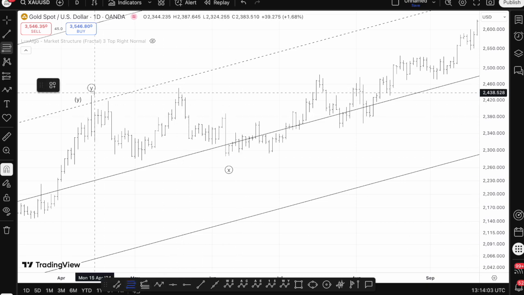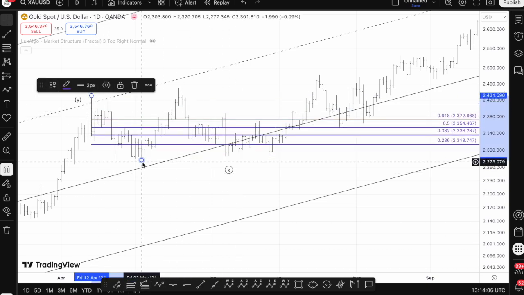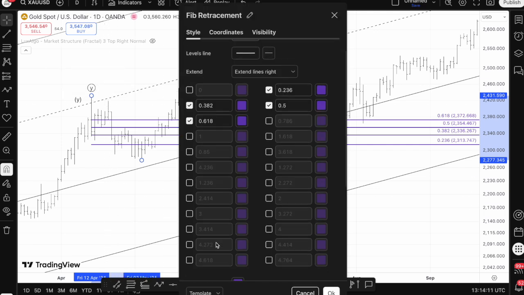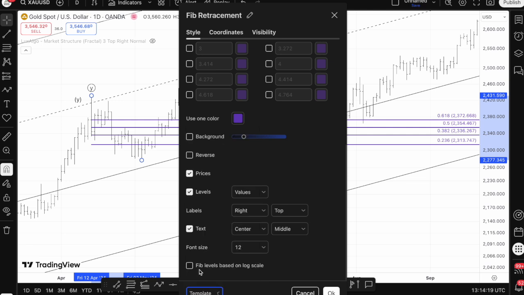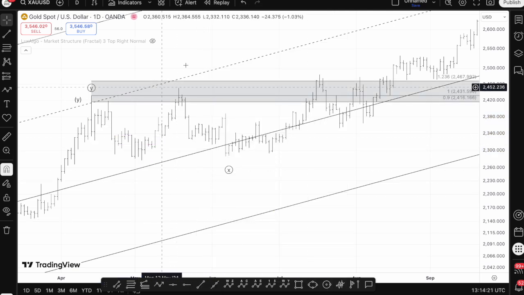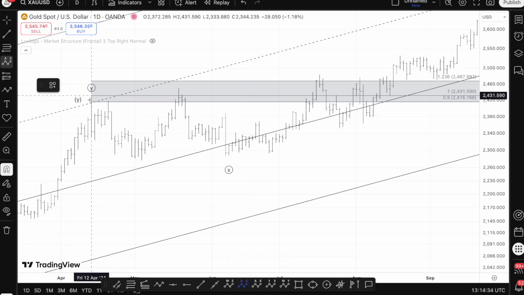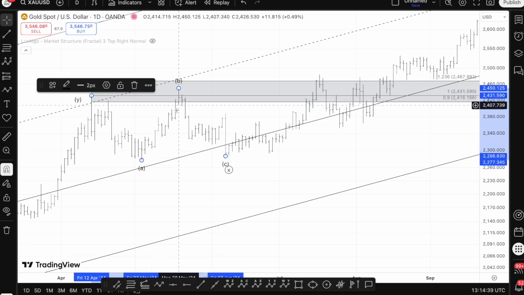So this is my leg B. When it comes to expanded flats or running flats, we could be looking at these fib levels for the target of leg B. So I have wave B flat here, and as you can see, it didn't go above this 1.236. As long as it's not above this, it could still be acting as a wave B, making this structure labeled as an ABC.